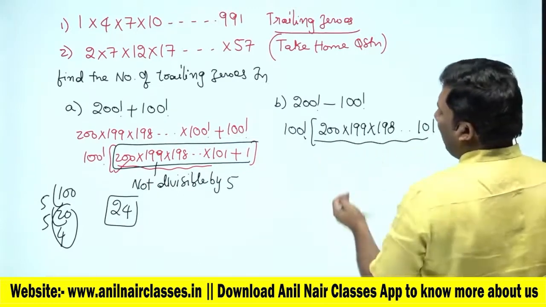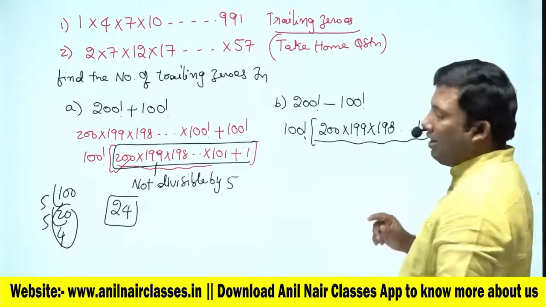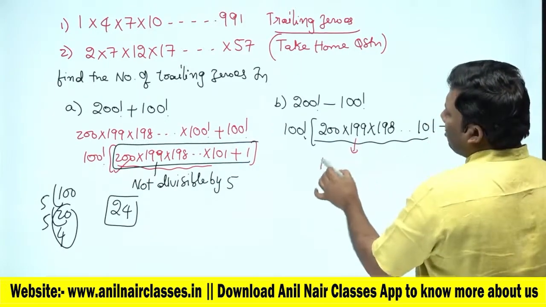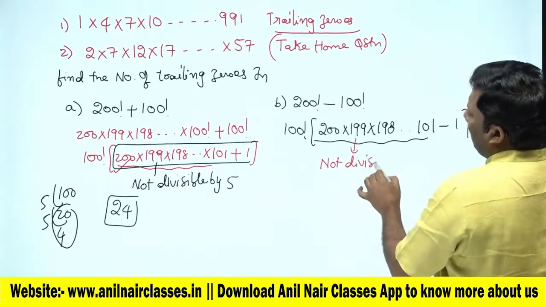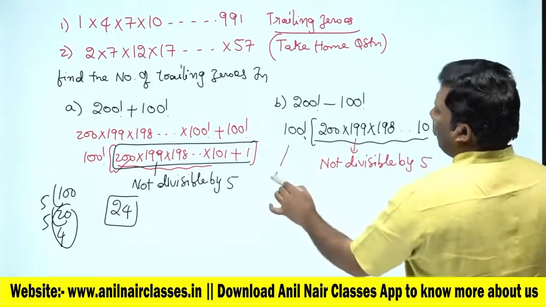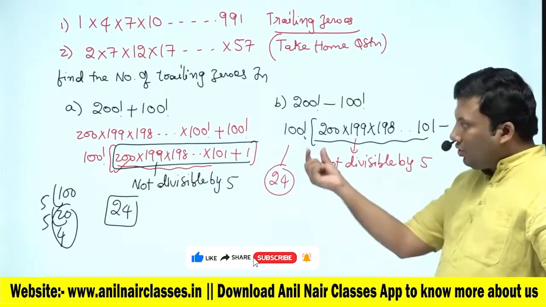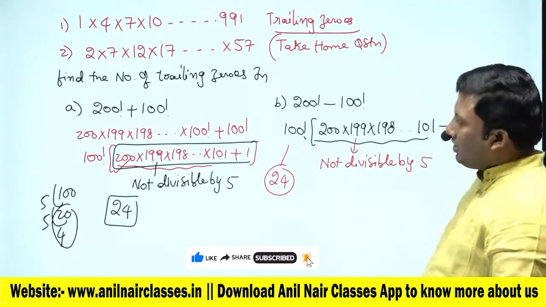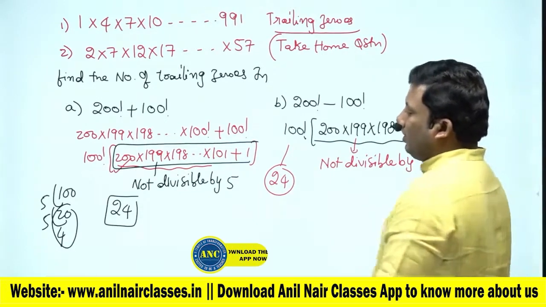These are divisible by 5, so 5 minus 1 means the number in the bracket is not divisible by 5. For factorial, it is always the highest power of 5. So for the first and second questions, the answer remains the same.